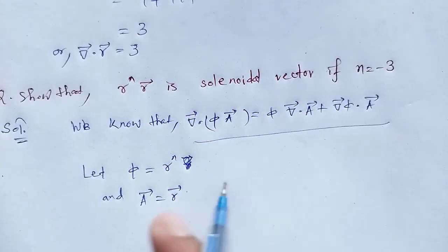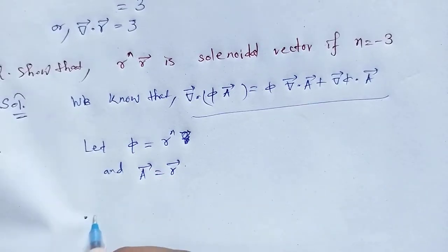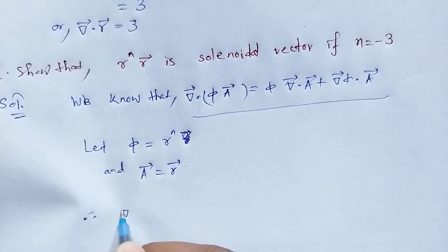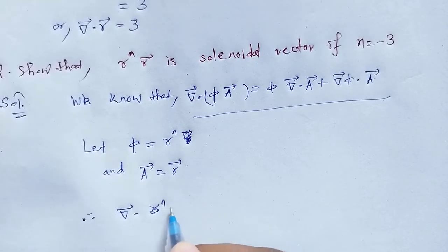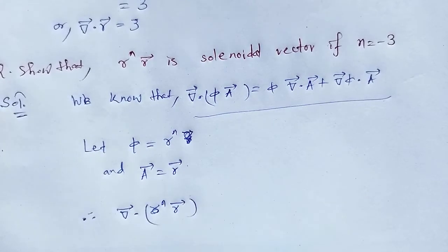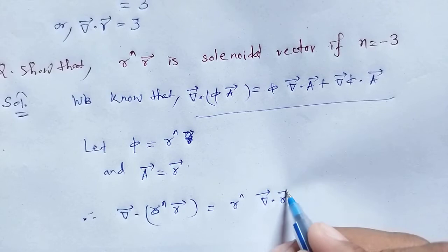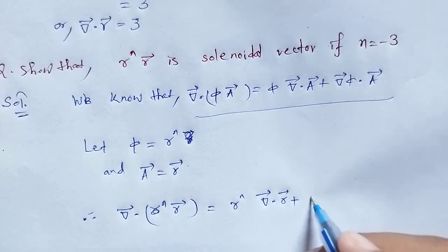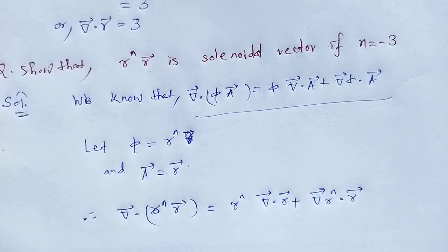Therefore, we put these values in that respective identity, we get divergence, that is grad dot phi a, that is R to the power n into R vector, is equal to R to the power n grad dot R plus grad R to the power n dot R vector.